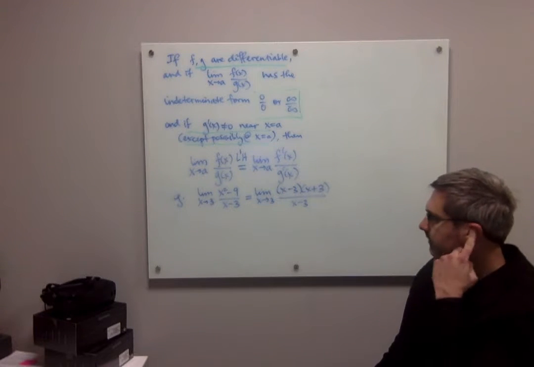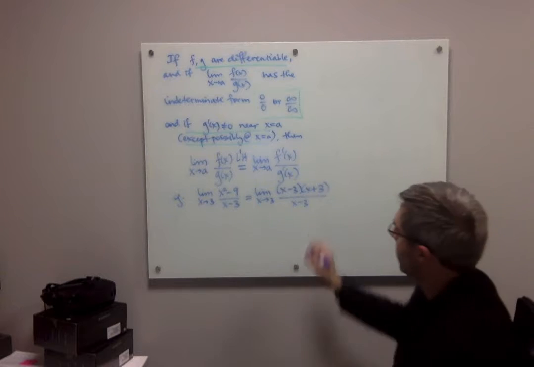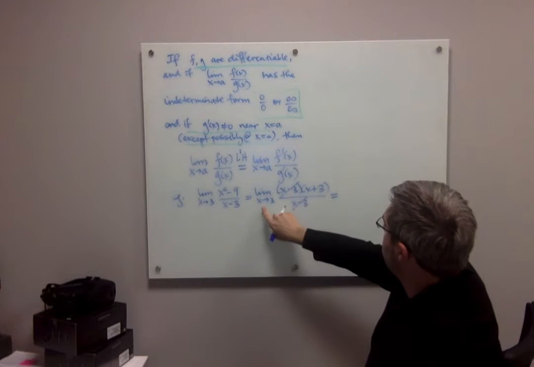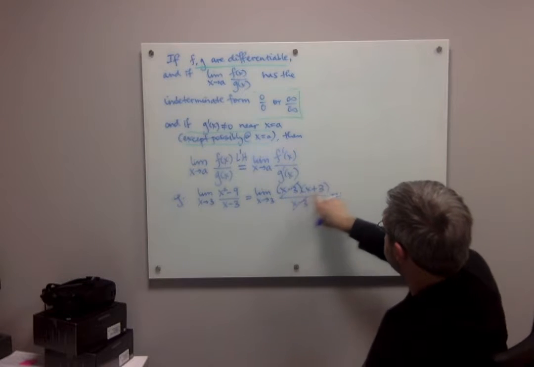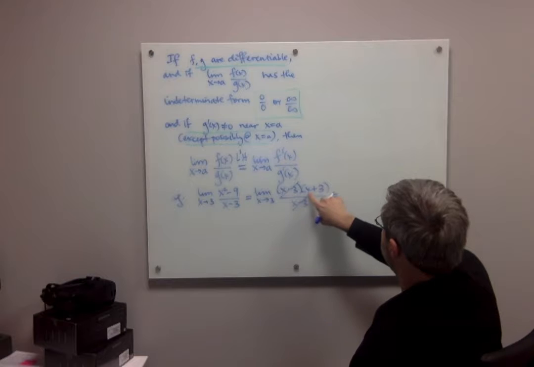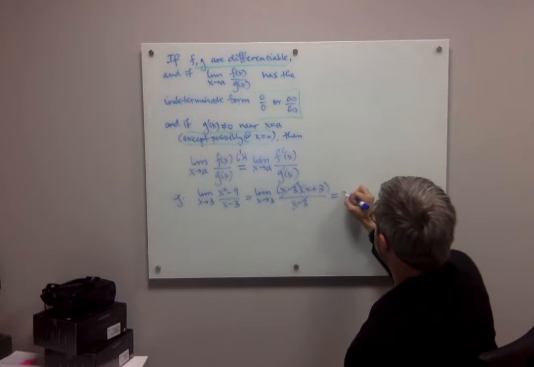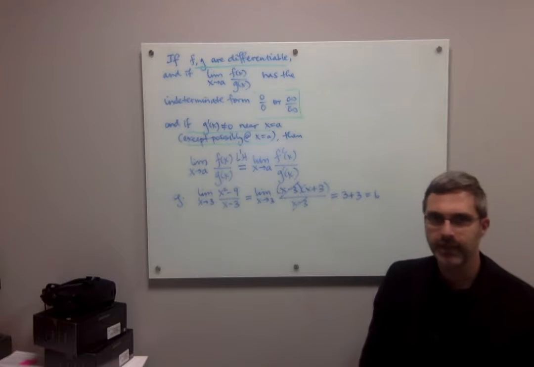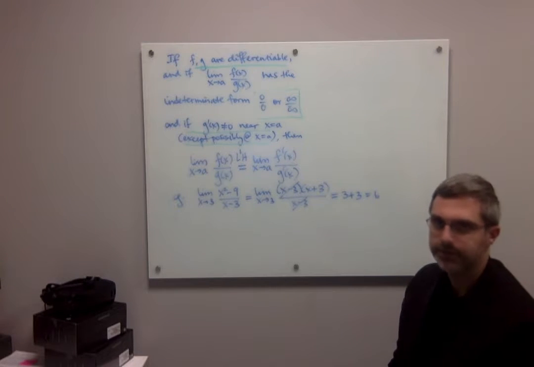Okay? So we have to make sure we factor right. And then the x minus 3's cancel. And then we let x go to 3. And when we plug in x equals 3, these are both 1 now. So I get 3 plus 3. In other words, I get 6. Okay? That was how we would do that problem previously.